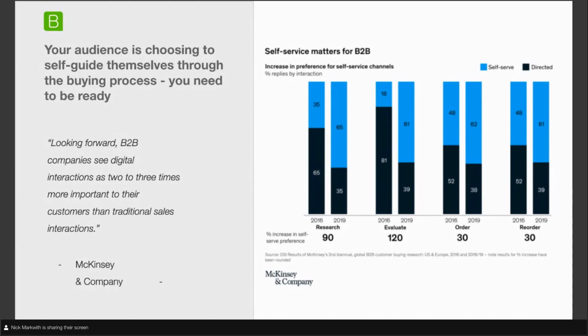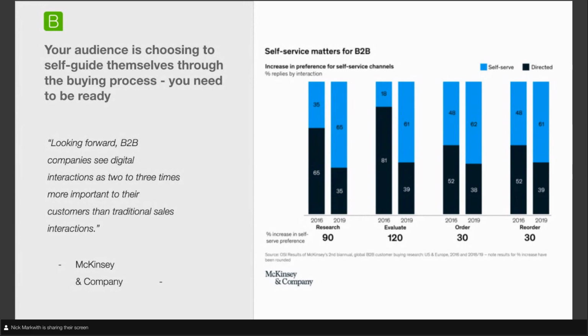Digital, so I think this one is most relevant for us: B2B digital interactions are going to be 2 to 3 times more important to customers than traditional sales interactions. I've read a bunch of research that shows the factors for why people purchase different products and solutions.